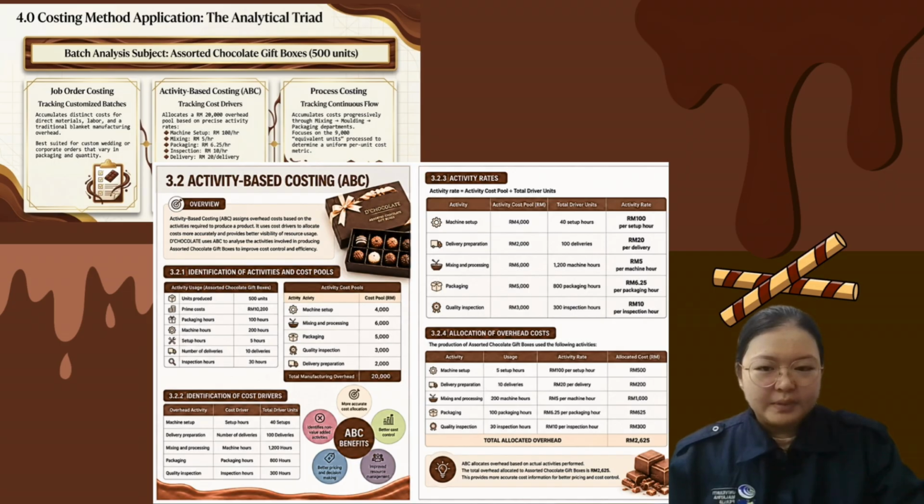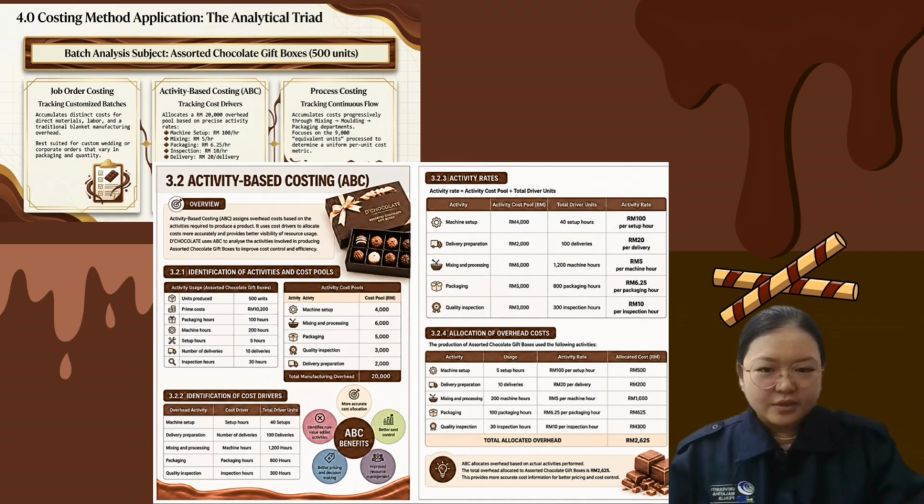For example, the machine setup rate is 100 ringgit per setup hour, while the packaging rate is 6 ringgit 25 cents per packaging hour. After allocating overhead costs according to actual activity usage, the total allocated overhead cost is 2,625 ringgit. ABC provides more accurate costing information because costs are assigned based on actual activity performed during production.